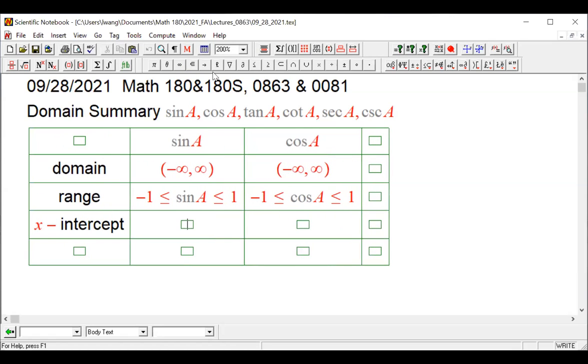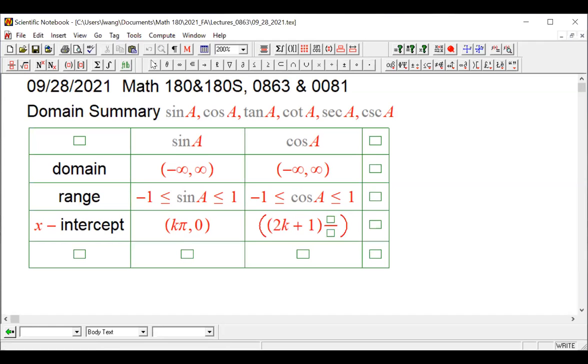What's the x-intercept for sine? K pi, comma 0, right? For cosine, what is it? 2k plus 1 pi over 2, comma 0. So now let's look at tangent.